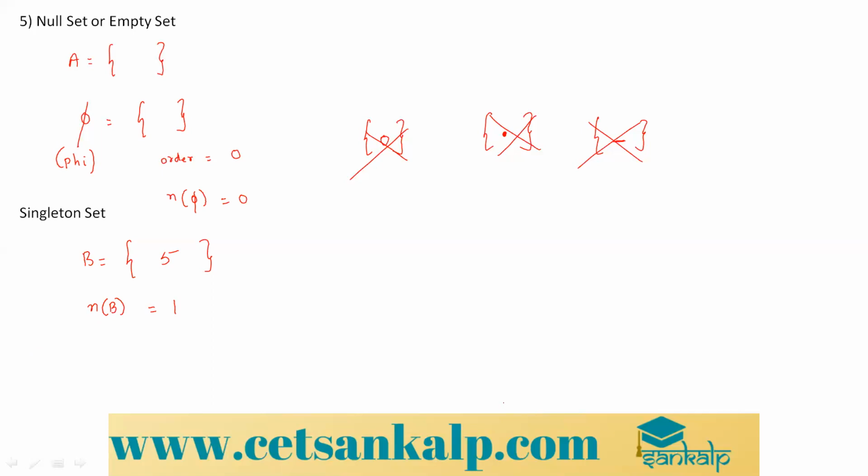That means it is a singleton set. Suppose if I give you another set. In this, there is only one object like ball. So n of C, number of elements in the set C is 1. This is a singleton set. So a set in which there is one and only one element is called a singleton set.